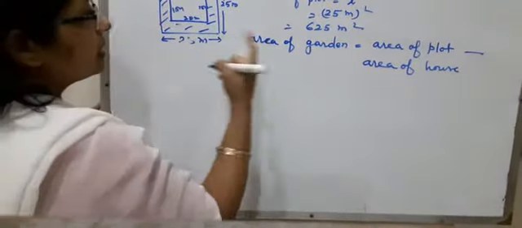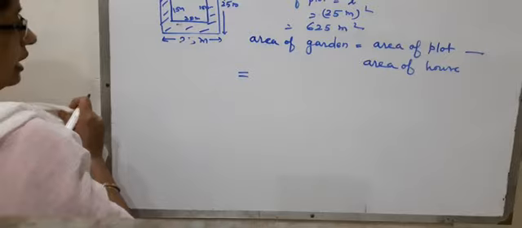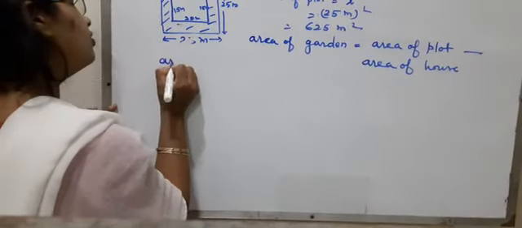Area of plot is given, and to find area of house, first we find area of house.